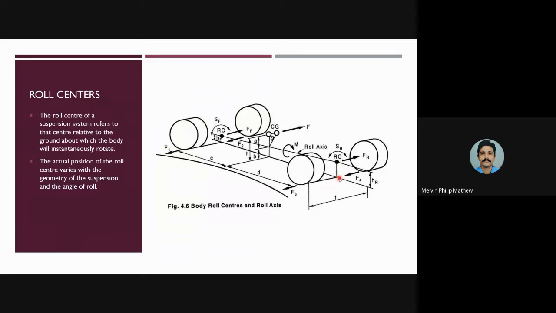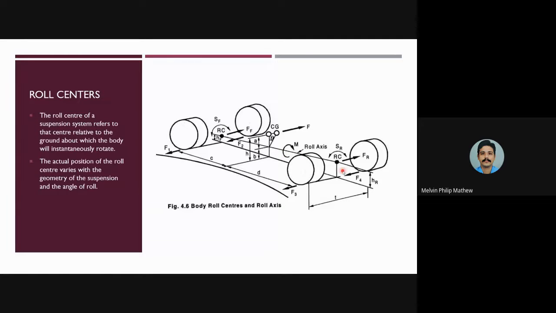This is the track axis, from the front wheel to the front wheel and the rear wheel, and its centers. And this center, okay, this is the propeller shaft direction. So a bending moment is occurring here.